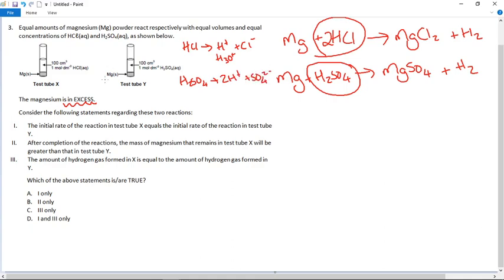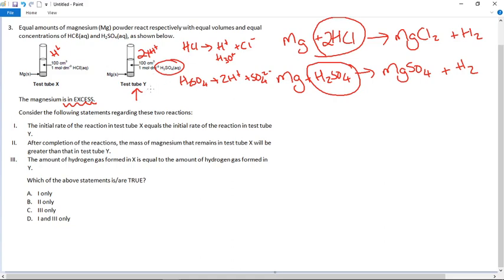So if we look at these 2 tubes of acid, this one that's got the sulfuric acid in has got twice as many protons as this one's got protons. So this reaction's actually been driven by the protons. So this one is actually technically more concentrated.